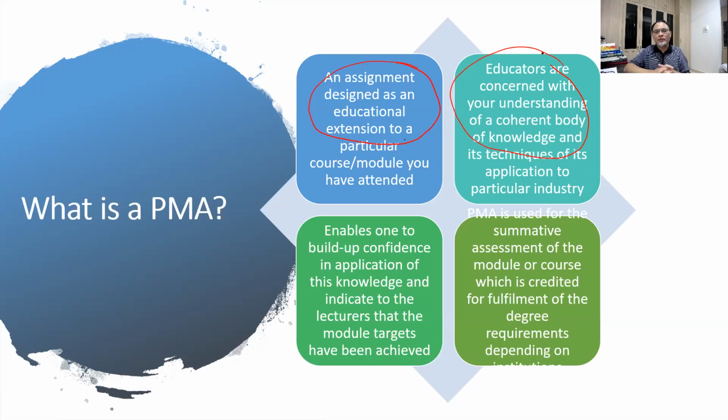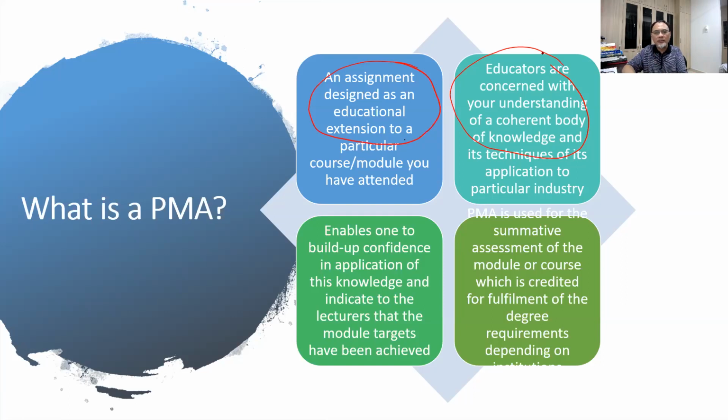Take the Engineering Business Management program in Razak Faculty, for example, lean manufacturing. At the end of the module, we are trying to assess whether you will be able to apply lean techniques into the organization. One of the most important ways is through our PMA.